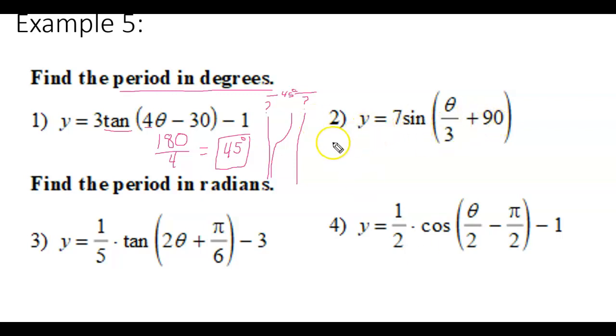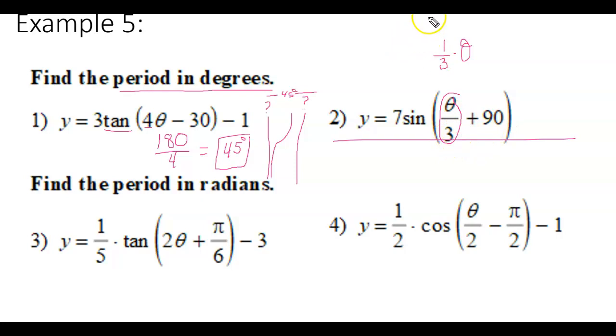Now let's do an example involving sine. This one's a little bit trickier. You have to rewrite this. Instead of writing this as theta over 3, I'm going to rewrite it as 1/3 times theta. The importance of doing that is so that you accurately know what your b is.